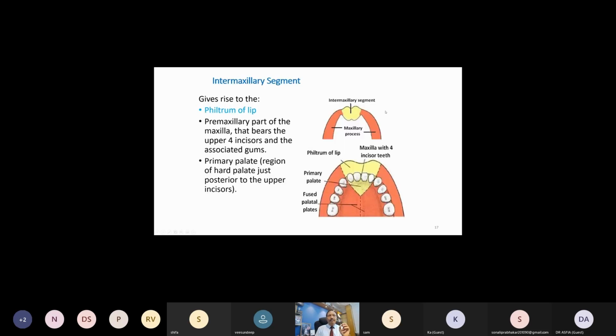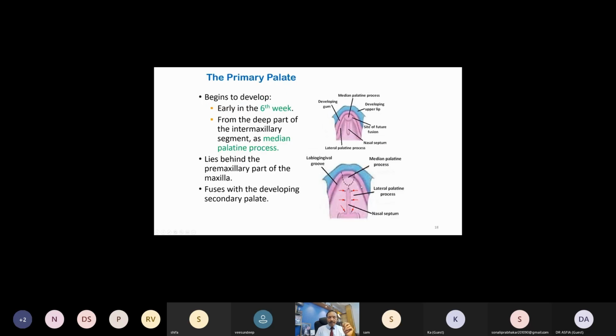Now, coming to the intermaxillary segment. This segment gives rise to the philtrum of the lip, the premaxillary part of the maxilla that bears the upper four incisors and associated gums, and also the primary palate. The primary palate begins to develop early in the 6th week from the deep part of the intermaxillary segment as a median palatine process here.